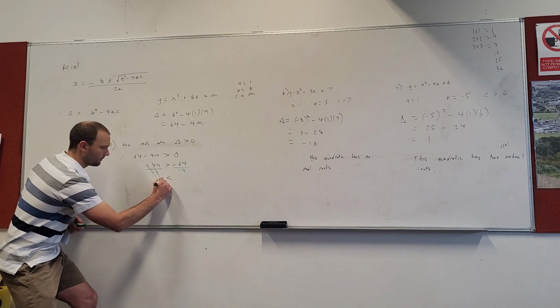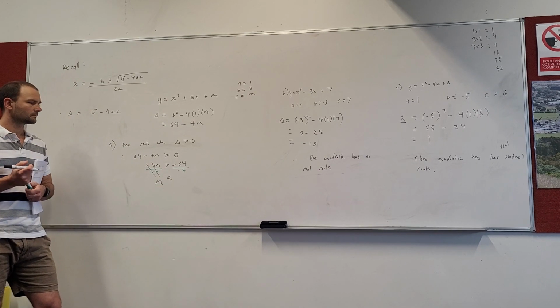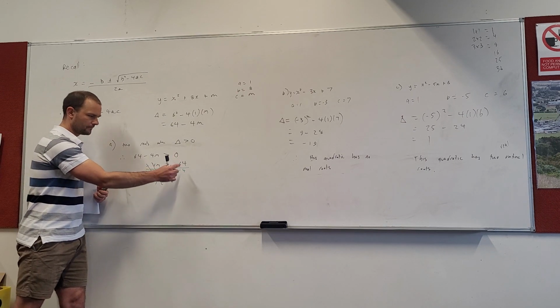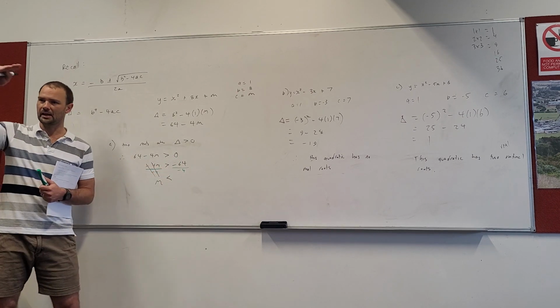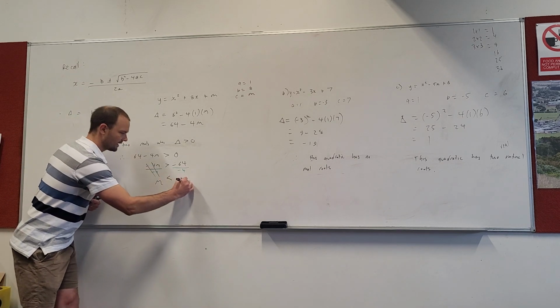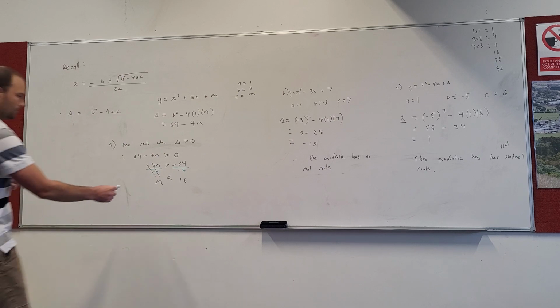I'm left with m on the left-hand side. And over here we have -64 divided by -4. Negative at the top, negative at the bottom, that will cancel. 64 divided by 4 is 16. Alright, it's saying m has to be less than 16 for the discriminant to be positive. That's what this statement means.